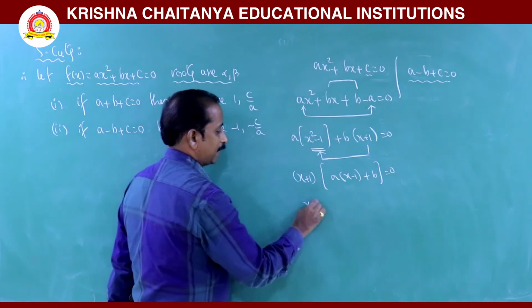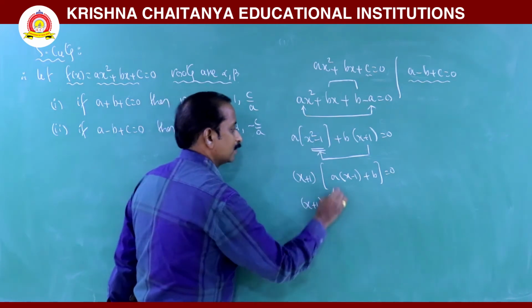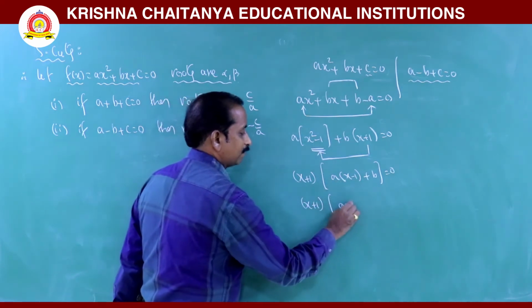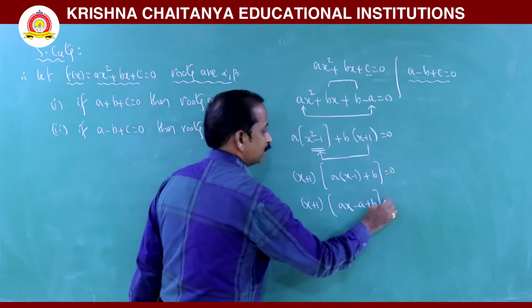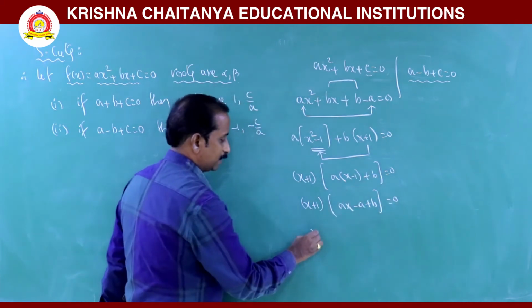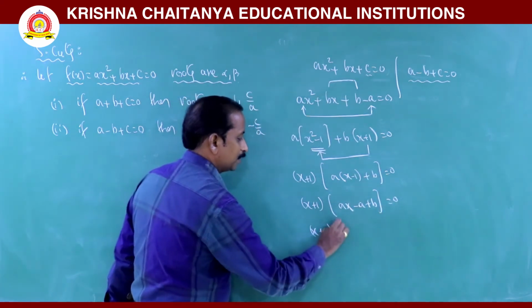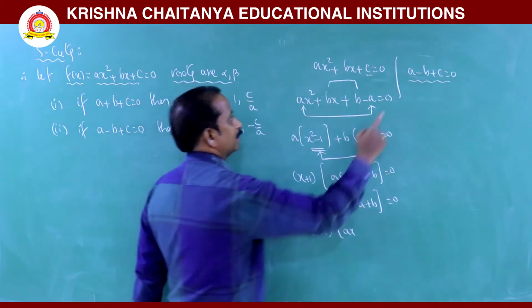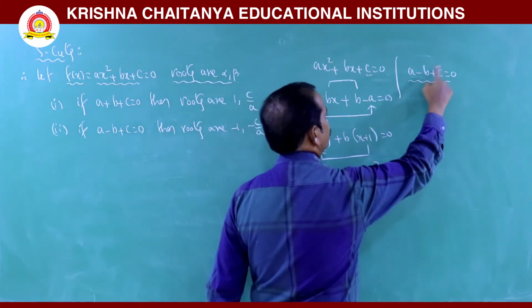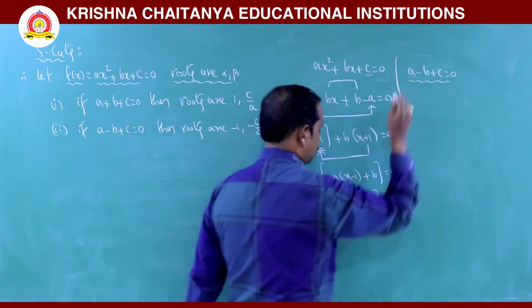So therefore x plus 1 into, let us multiply a times x, next minus a plus b is equal to 0. So therefore x plus 1 into (a times x plus b minus a). From this, b minus a is nothing but c.